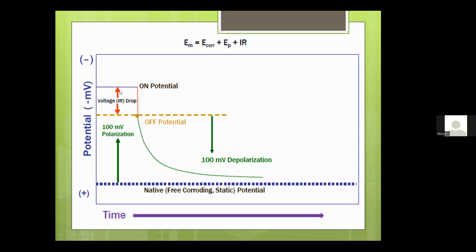Our two criteria for cathodic protection are: the off potential becomes negative 850 millivolts according to the copper sulfate electrode, or the difference between the off potential and the native potential becomes 100 millivolts of polarization, or depolarization, or polarization decay.